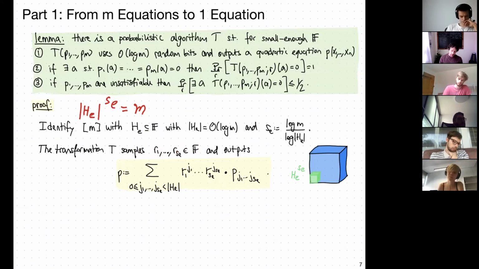So what do I mean by that? We'll get the combined equation. We'll multiply these field elements, and for each one of them we will take all of the possible powers that they could take.